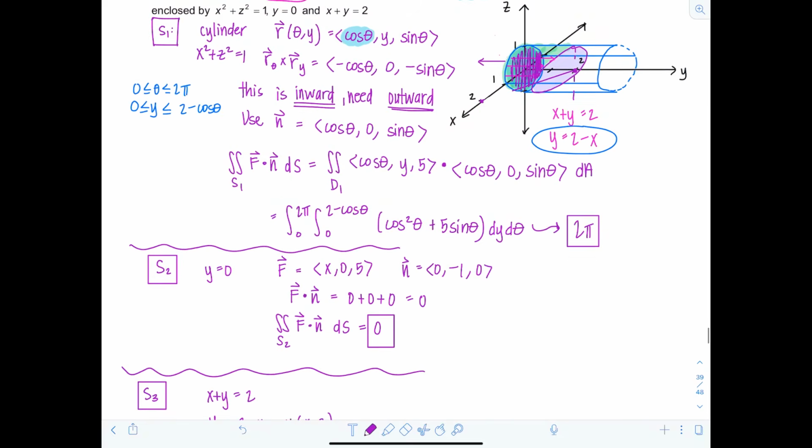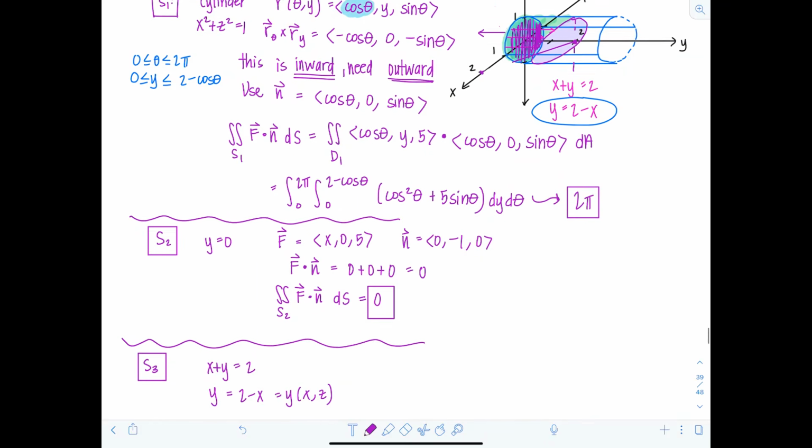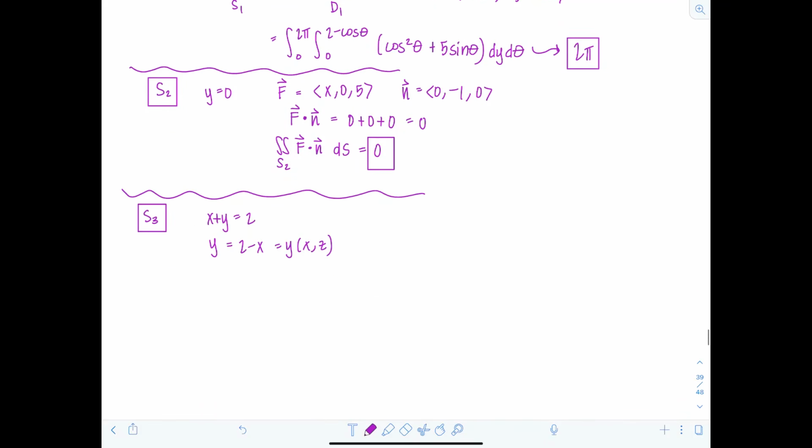So if I want a normal to this purple surface out here, the one that's shaded in, the slanted surface that was determined by the plane x plus y equals 2, I'll find the normal by taking the partial derivatives. So I'll have negative partial with respect to x, 1, negative partial with respect to z.